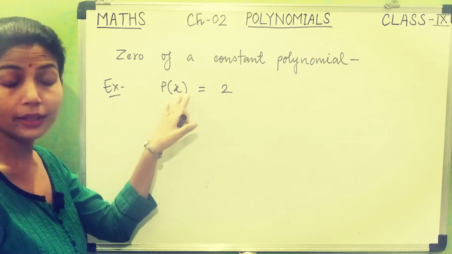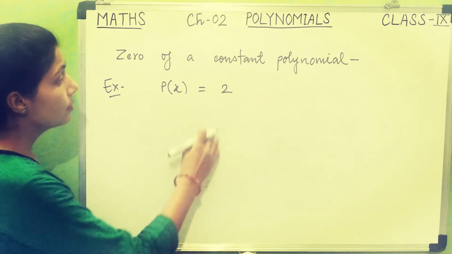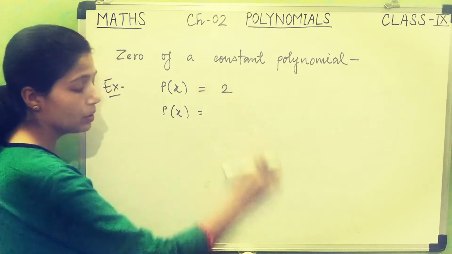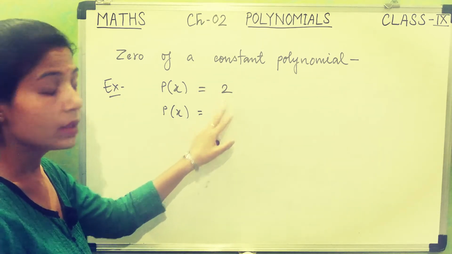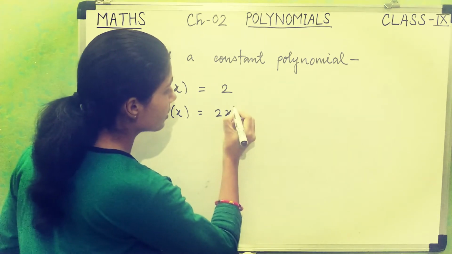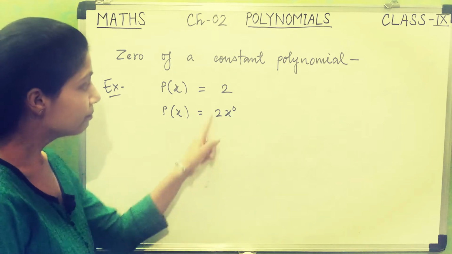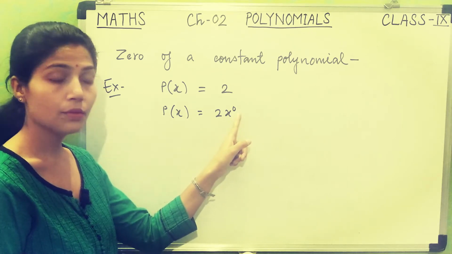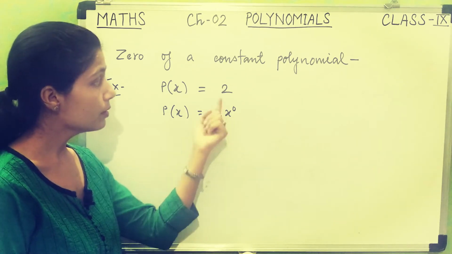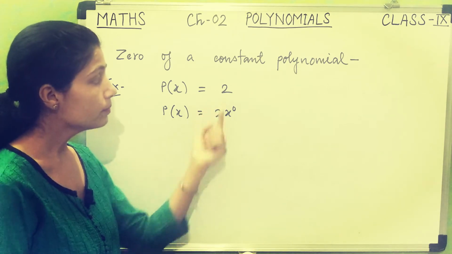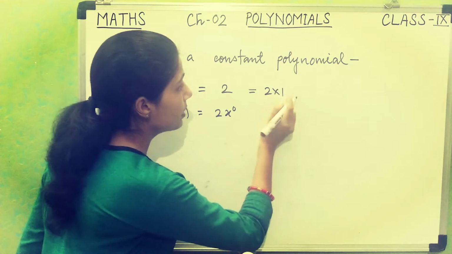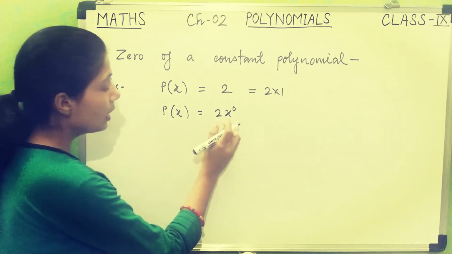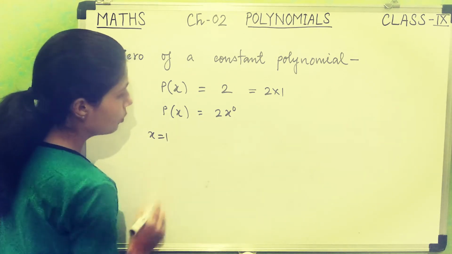Now we have to calculate its zero. As we already discussed, we can write a constant polynomial as 2x raised to power 0, because x raised to power 0 is 1, so 2 into 1 gives 2.